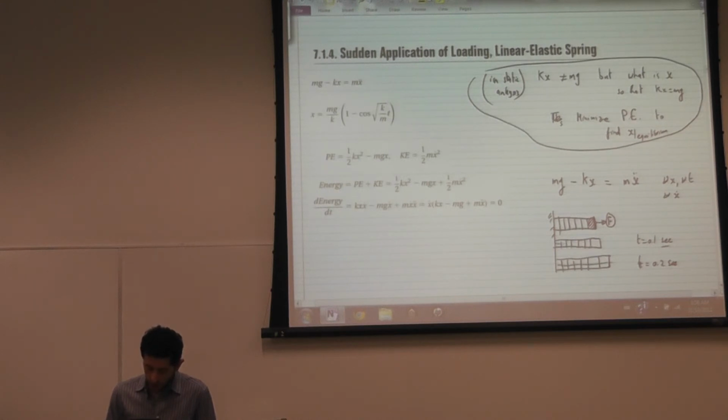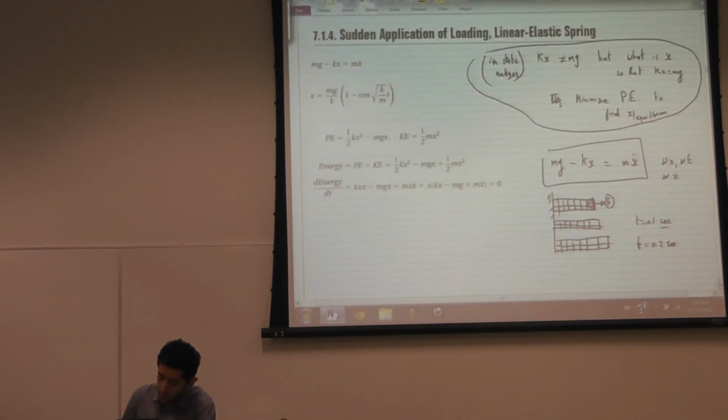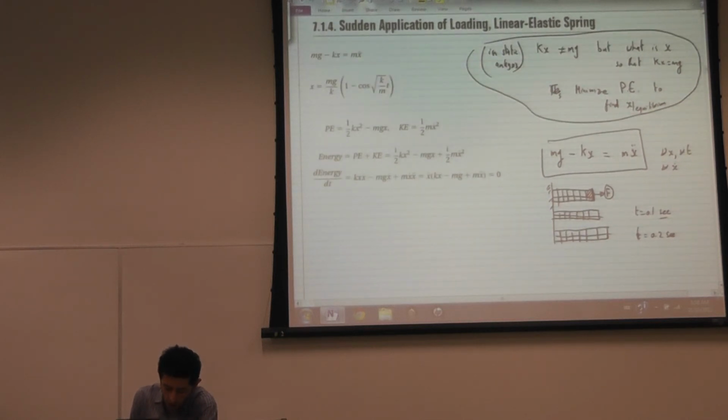This is a dynamic equilibrium because this equation always holds. And because this equation always holds, when you integrate this, you get what we call the energy. For this case, the energy is constant. Why is it constant?